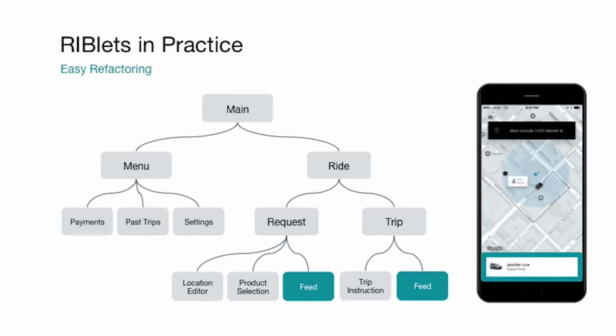Now this is a very simplified rendering of what our rib tree looks like, but it kind of gives you an idea. So you'll notice that we have two feed Riblets. These are actually two instances of the same Riblet, and the reason we did this was because we wanted to maintain two separate feeds, one for when the user is requesting a ride, and one for when the user is on trip.